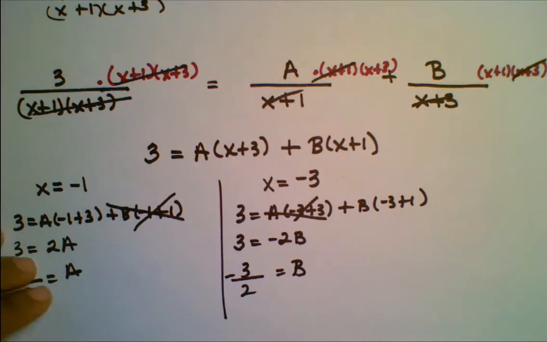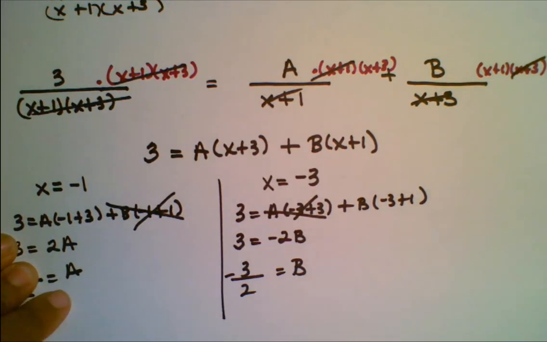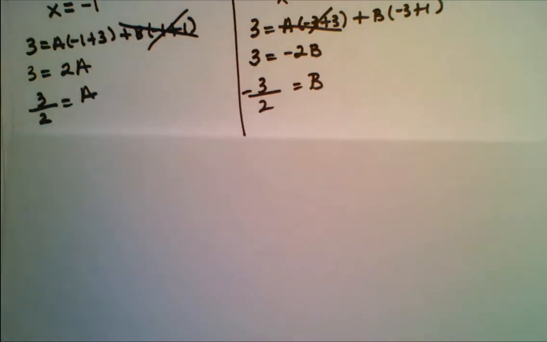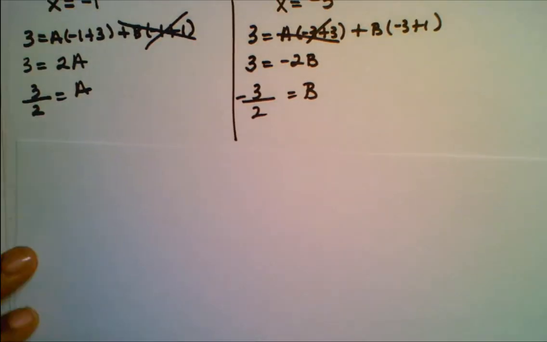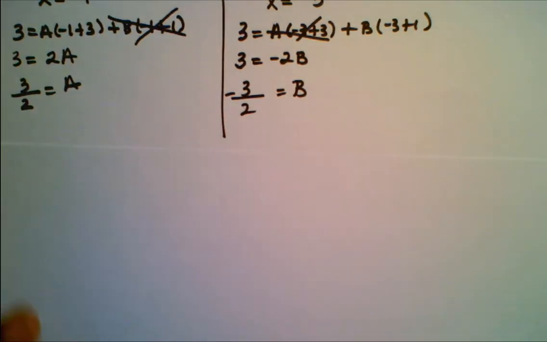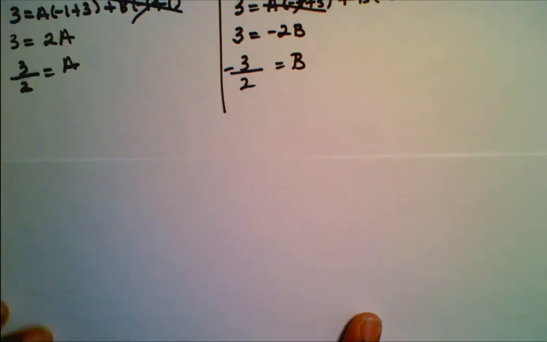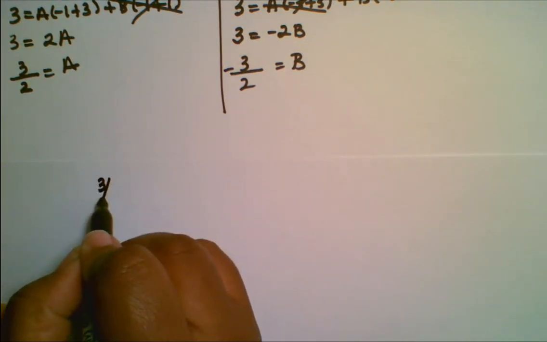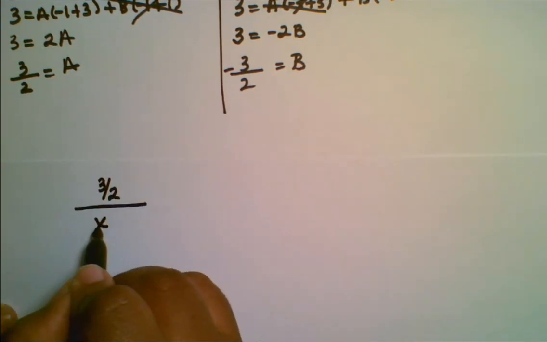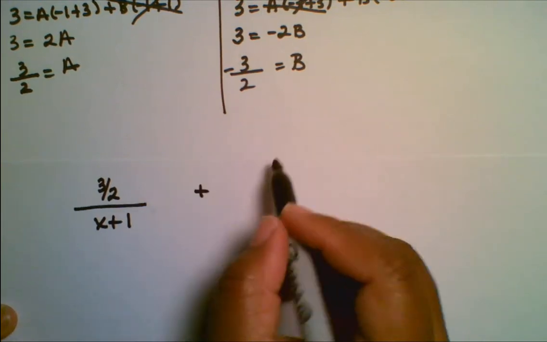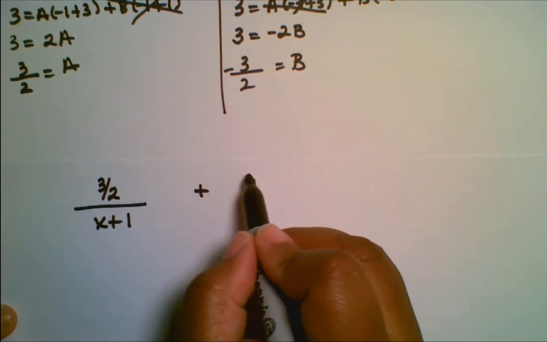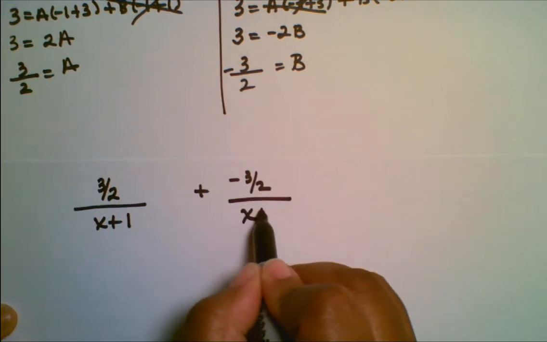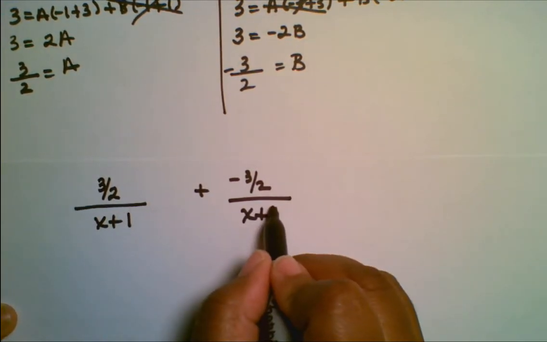Okay, so our solution: for A, we have 3/2 all over x plus 1, plus for B, -3/2 all over x plus 1, excuse me, x plus 3.